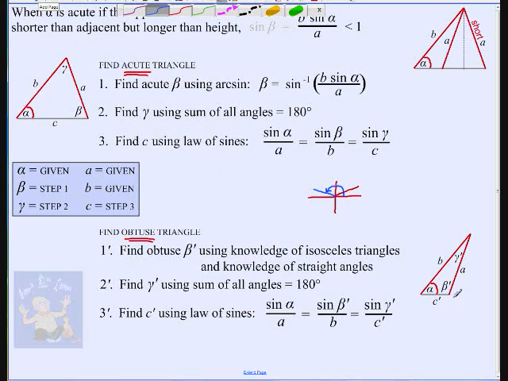Maybe this diagram is good. You can see here the acute version of beta and the obtuse version, and they form an isosceles triangle.